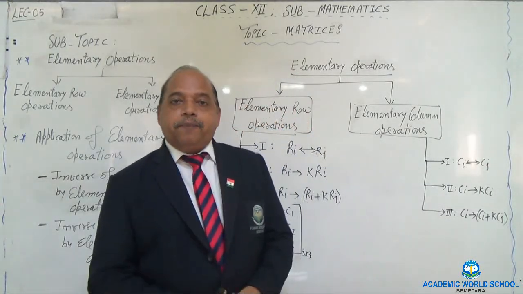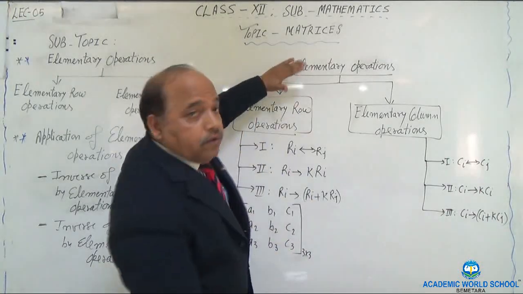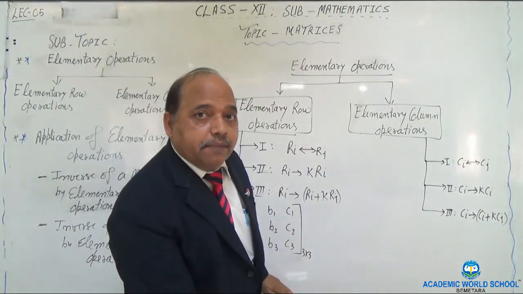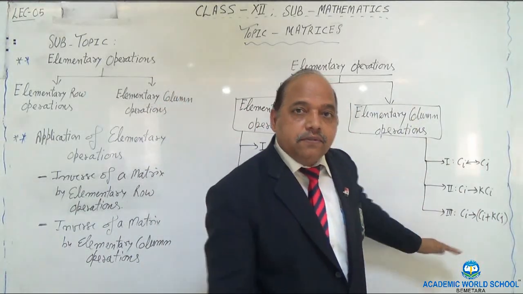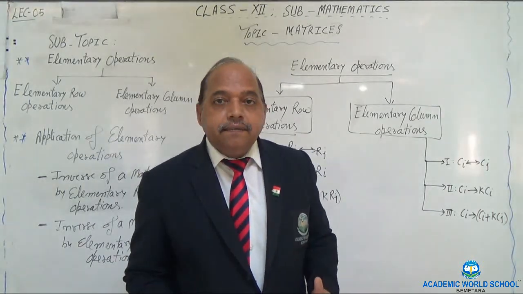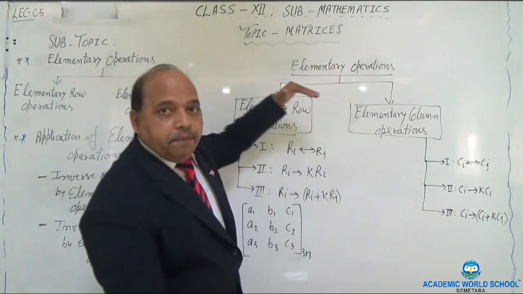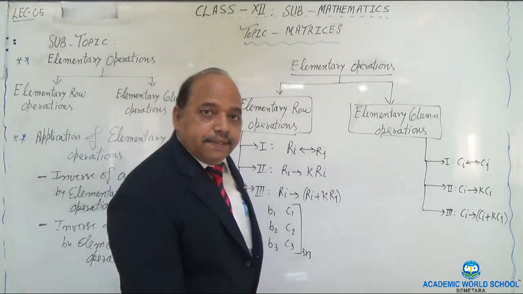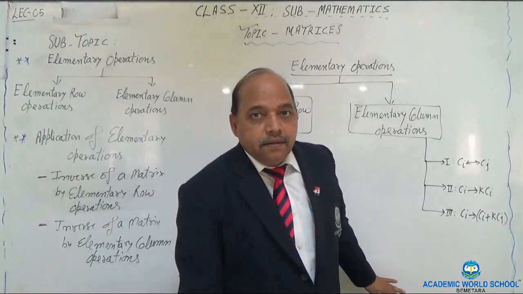Whenever we are applying these operations, either you will be applying only row operations in a matrix or you will be applying only column operations. We cannot mix up these 2 things. Be very clear on this.